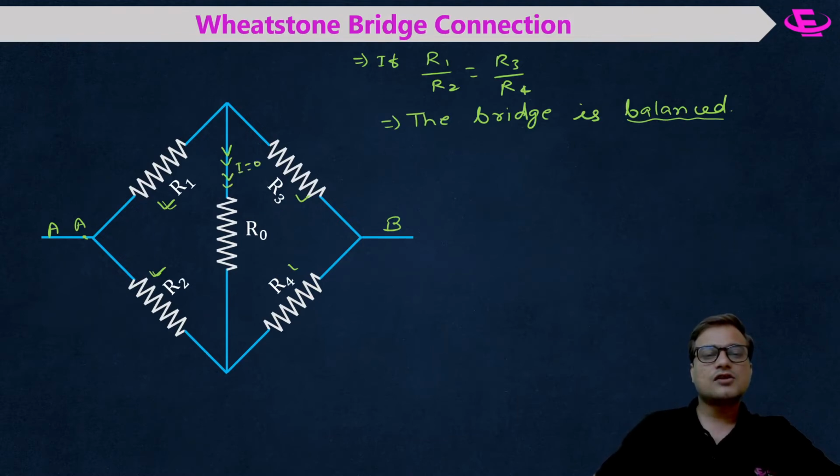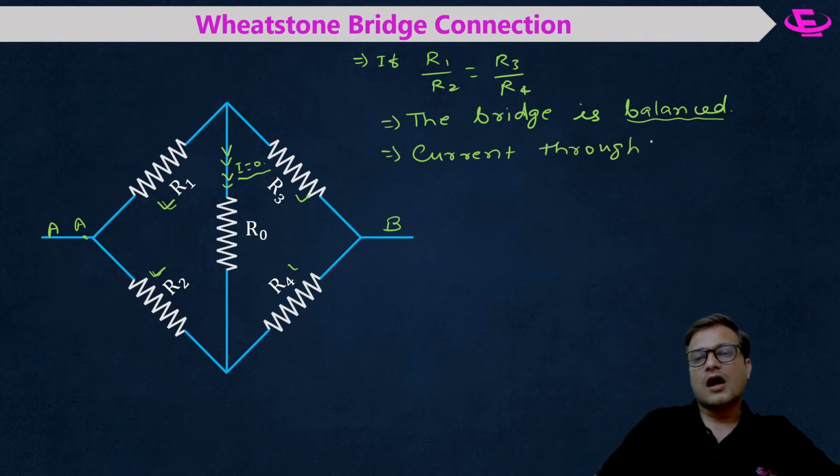That means the current through R0 will be 0. I hope it is clear to you.